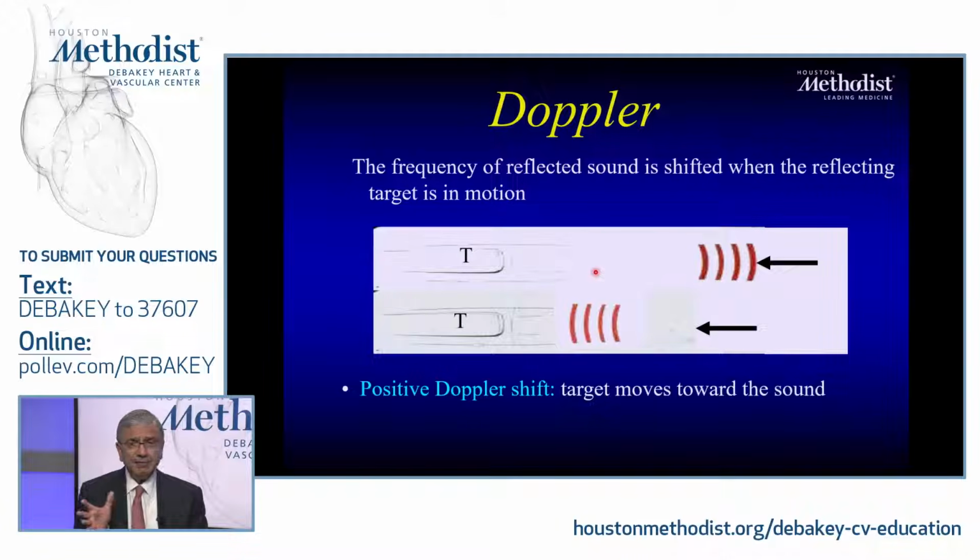An example for this, for daily life, is if you're standing, let's say in Houston, out there and listening to either a train or an ambulance coming, you can close your eyes on that street and you could tell whether an ambulance is coming towards you or going away from you, because the frequency, if it is coming, it'll be higher and higher, and then lower and lower as it goes away from you.